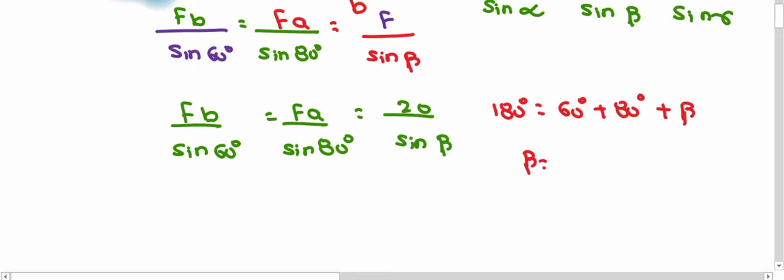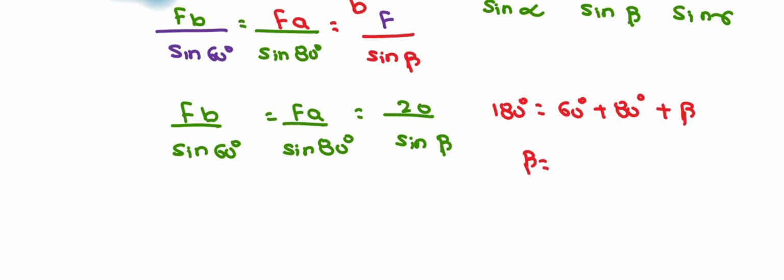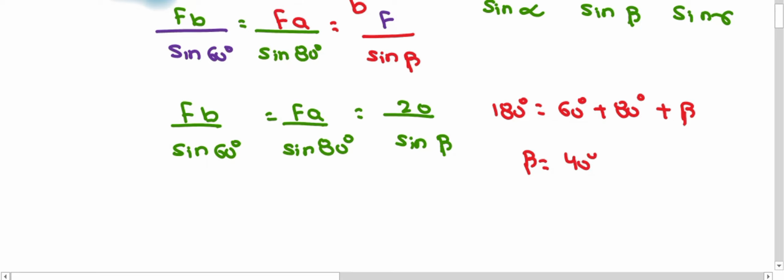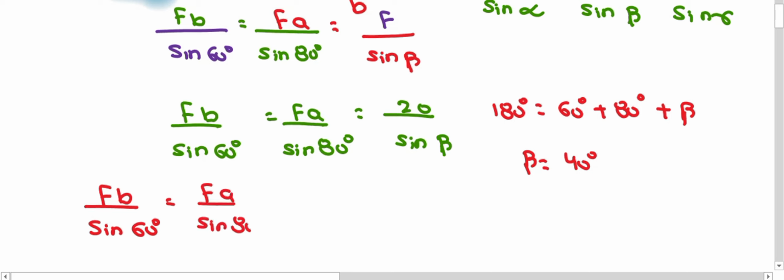So beta is 180 minus 60 minus 80, which is 40 degrees. So FB upon sine 60 degrees equals FA upon sine 80 degrees equals 20 upon sine 40 degrees.